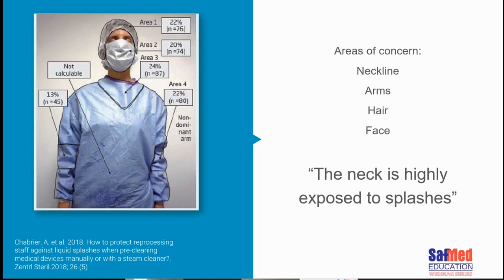I'm not so sure that we're doing a good enough job of protecting ourselves if we are just using aprons only. So I think we really need to think carefully about how we are protecting ourselves on the dirty side of the CSSD. The one thing I think that has been good, sad but true, is that COVID has really and truly made us a lot more aware of the importance of our PPE, especially on the dirty side of the CSSD.